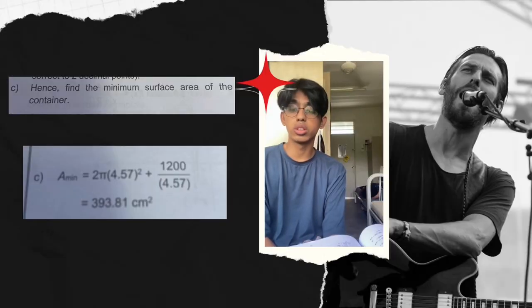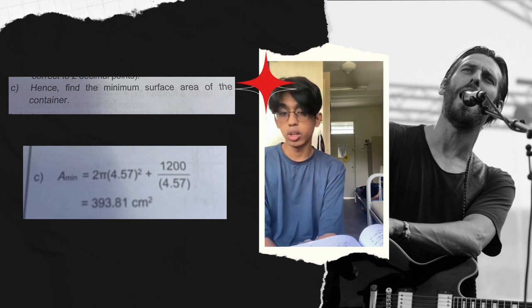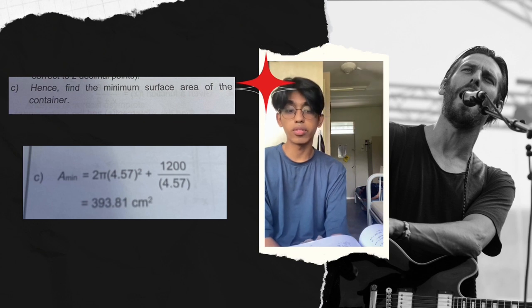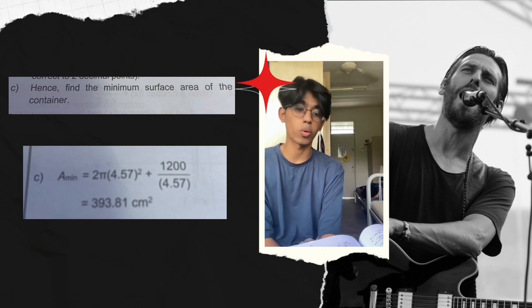We use equation A back, which is 2 pi r squared plus 1200 r to the power of negative 1. We enter the value of r into equation A, which is 2 pi multiplied by 4.57 to the power of 2 plus 1200 over 4.57. So the final answer is 393.81 cm squared.